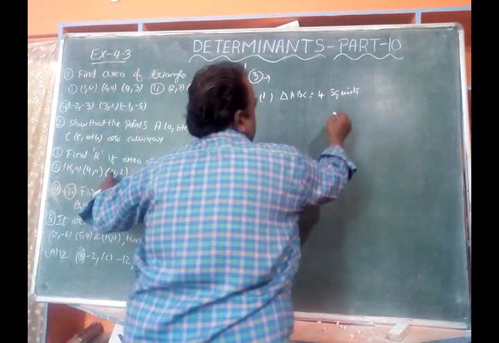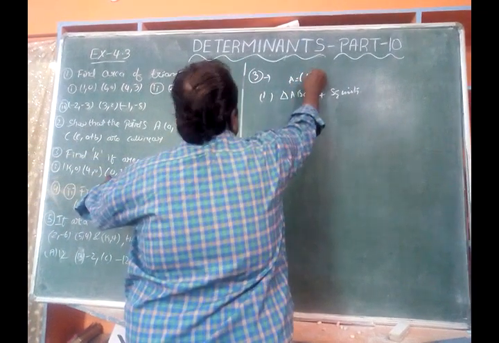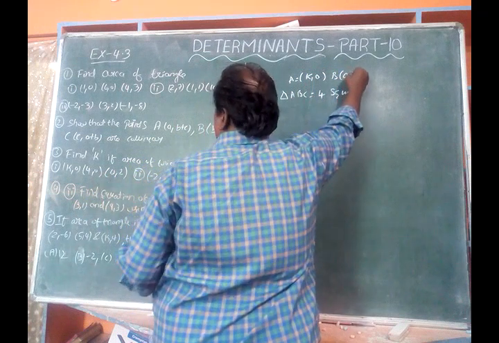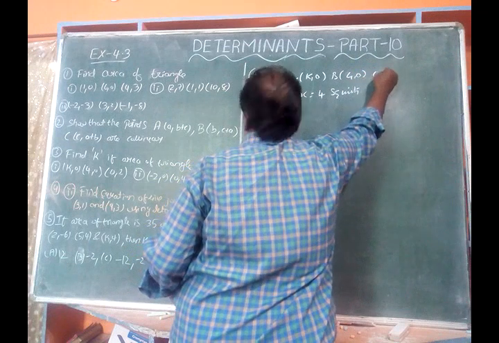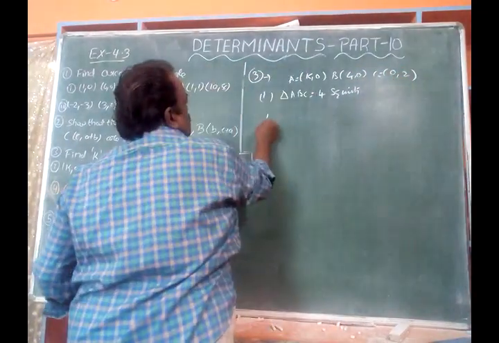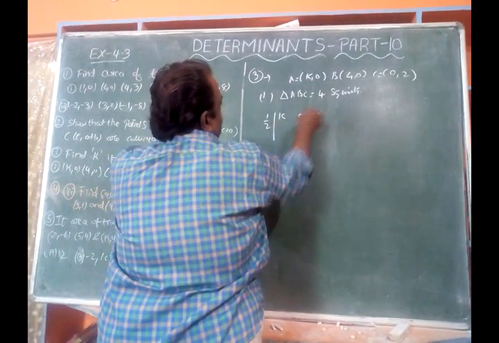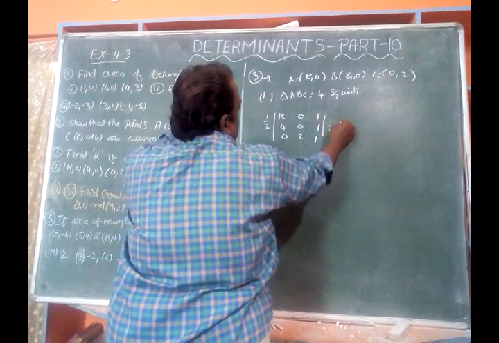What are the vertices? You see, A is equal to (k, 0), B is equal to (4, 0), and C is equal to (0, 2). So it is 1 by 2 determinant k 0 1, 4 0 1, 0 2 1 is equal to 4.